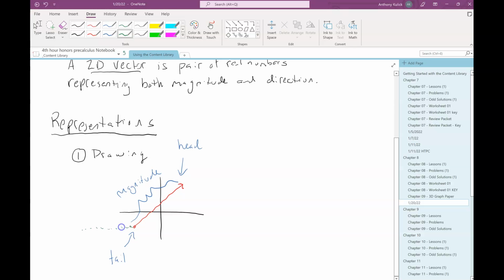And for the direction, typically we're going to embed an XY axis there and describe the direction as the standard form angle made by the vector. So in our picture, the length is the magnitude and the way it's pointing is the direction.